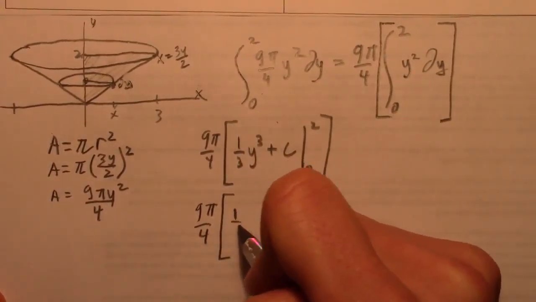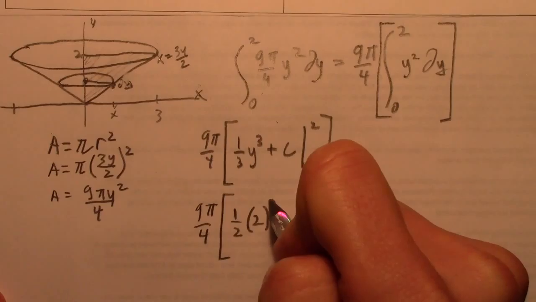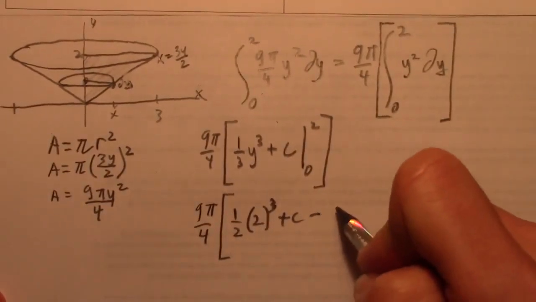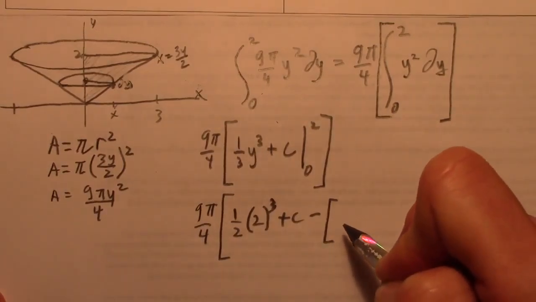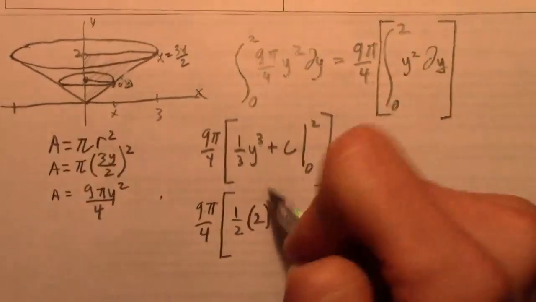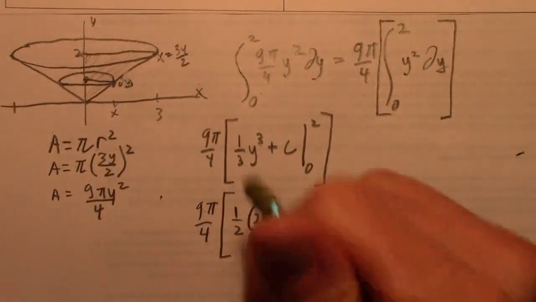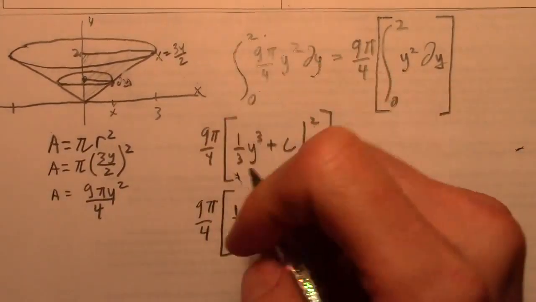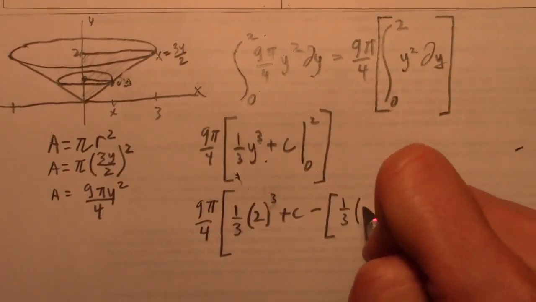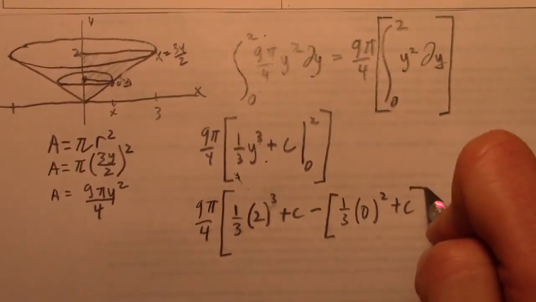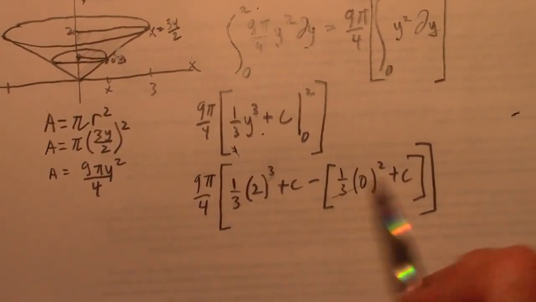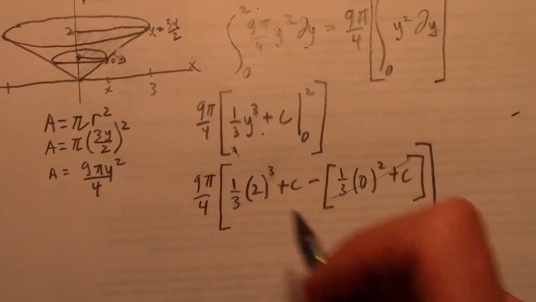And now we can plug in 1/3, 2 to the third plus c, minus, and then let's do a bracket inside a bracket. That 3 is bothering me. Good thing I checked, because that is a 1/3. And then minus 1/3 0 squared plus c. And then close off the double bracket. All that's gone because that's just 0.